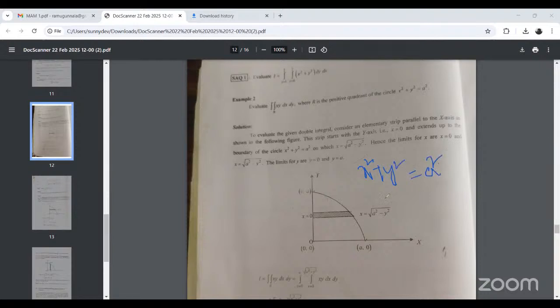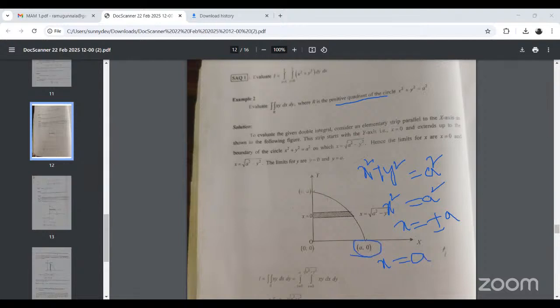To find where it meets the x-axis, we substitute y equal to 0, because at the x-axis the y coordinate should be 0. So that becomes x square equal to a square, so x equal to plus or minus a. But they mention it is a positive quadrant, so we can write x equal to a. So that is the point a comma 0.